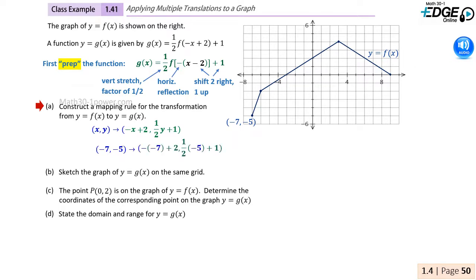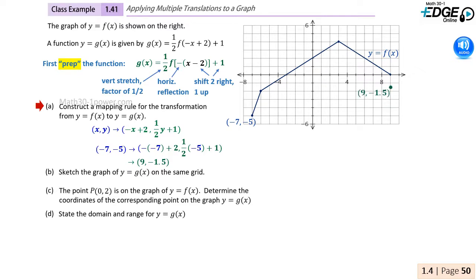So, if we take -7 and multiply by -1 and then add 2, and if we take -5, multiply it by 1/2 and add 1, we find that our transformed point would be 9 and -1.5.